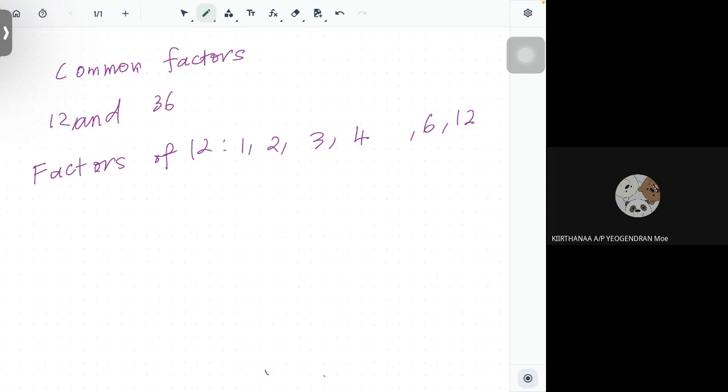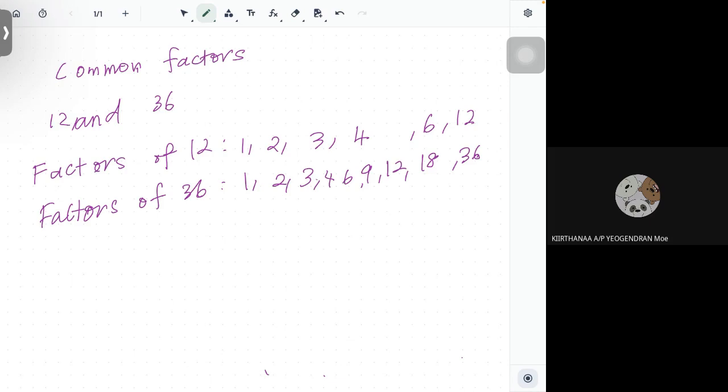Factors of 36: 1 times 36, 2 times 18, 3 times 12, 4 times 9, and then 6.